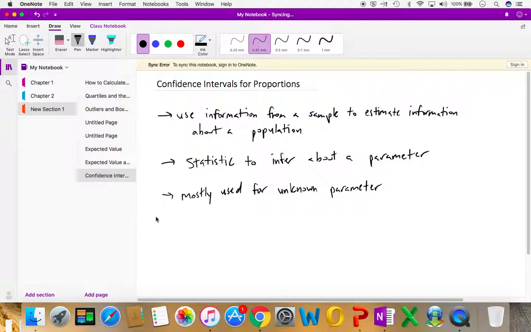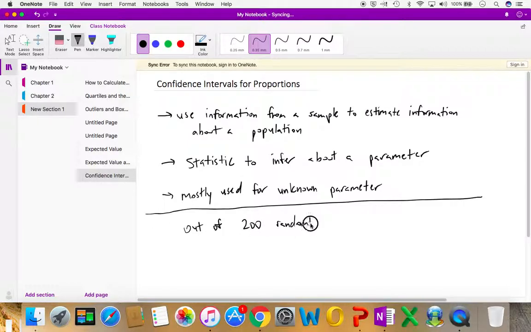Now, let's use that example. Let's say we calculated out of, we'll say, 200 randomly selected adults, we'll say 40 drink seltzer occasionally.